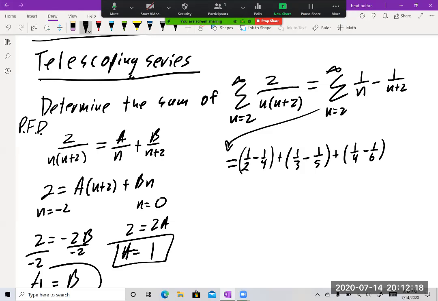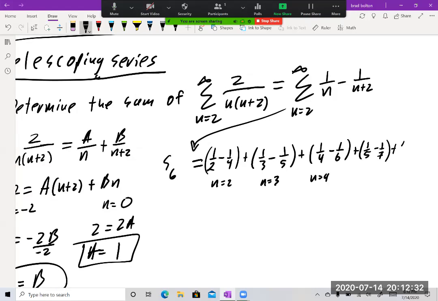Let's go to S sub 6. So this would be n equals 2, n equals 3, n equals 4, plus 1/5 minus 1/7 plus 1/6 minus 1/8. So this is n equals 5 and n equals 6. Hopefully you guys see that. So that's the 6th partial sum.